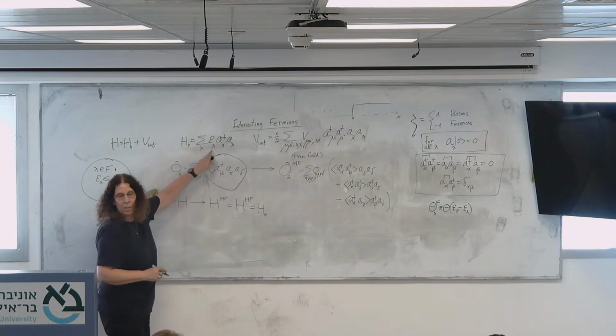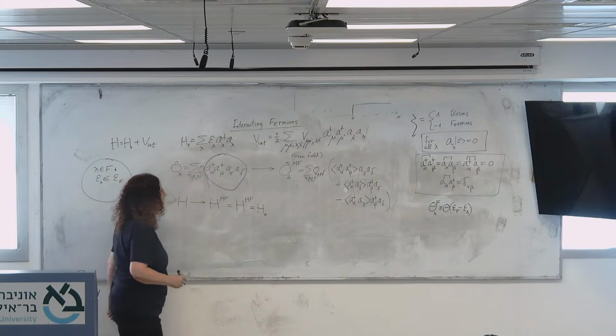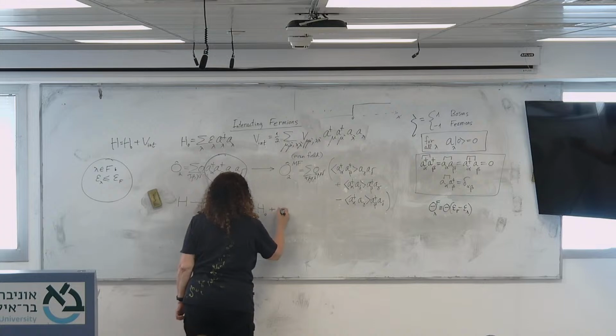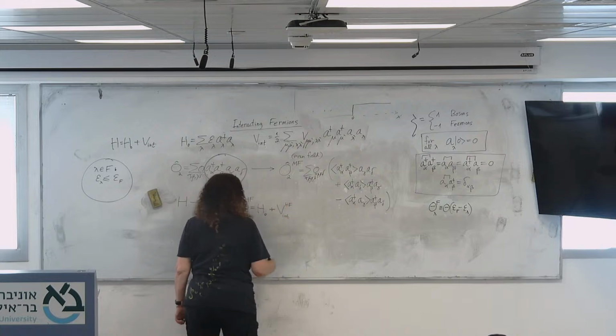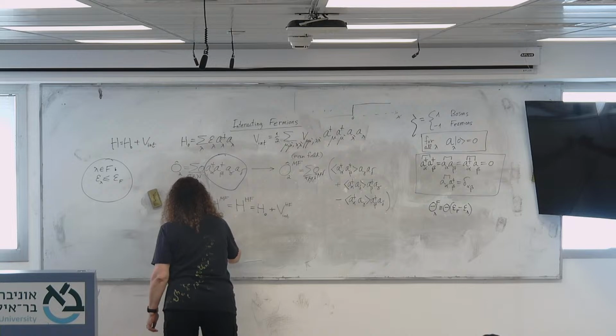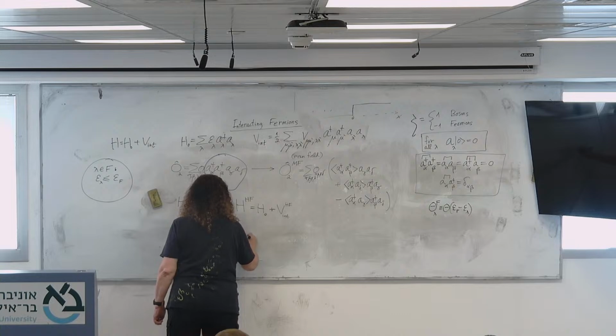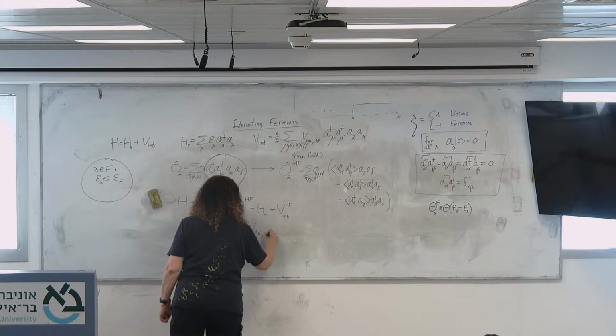That's the term that is already single body, but the interaction will look like this. It's 1/2, I'm using the notations as above, lambda prime, V mu prime, lambda prime.